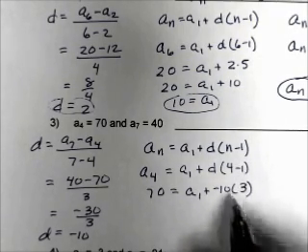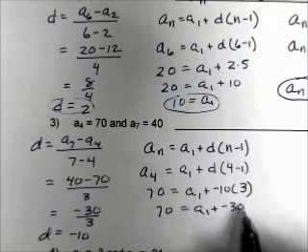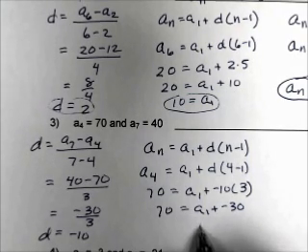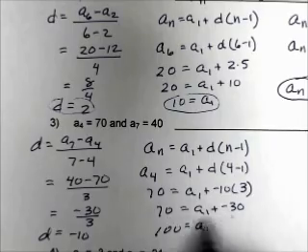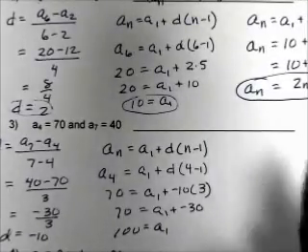So this is negative 30. So 70 equals a1 plus negative 30. If I add 30 to both sides, we have that a1 is equal to 100. Adding 30 to both sides, not showing that step. So we have our first term is 100.